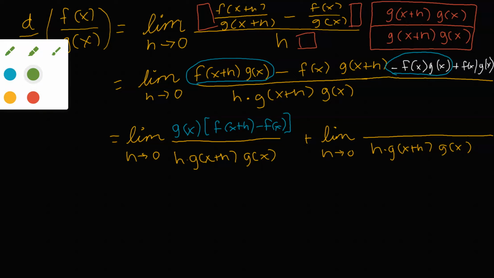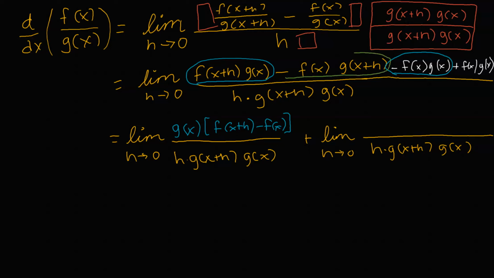Okay, and then the green two terms that have f of x in common. So I'm going to go ahead and factor out f of x. What is inside? G of x plus h. Then you would say, well, wait a minute, isn't that negative?